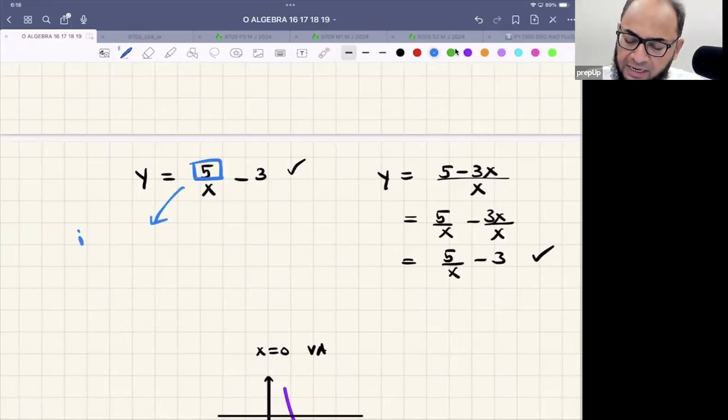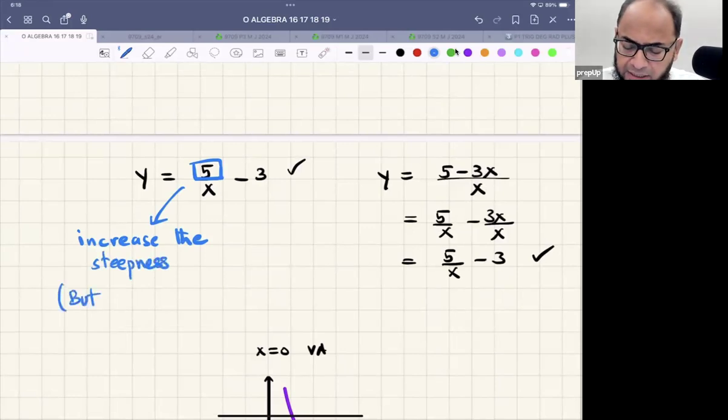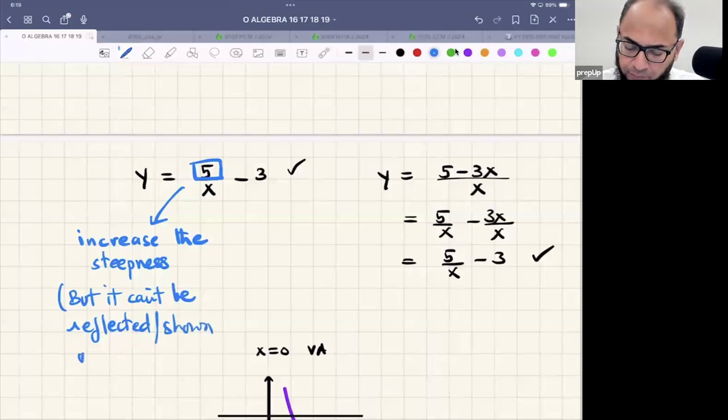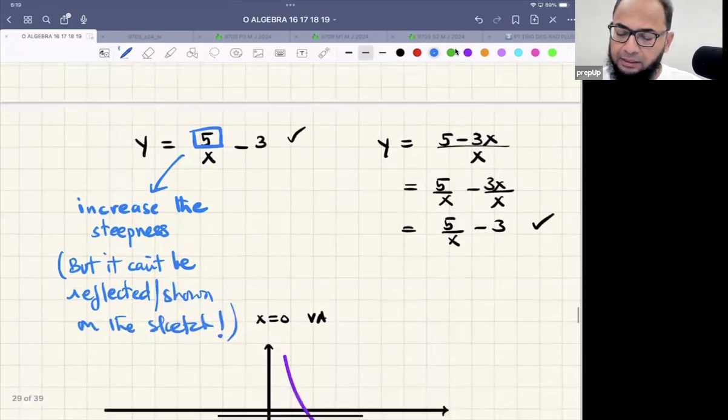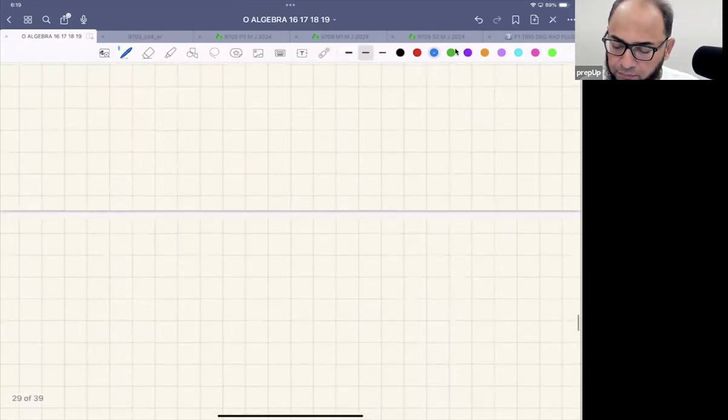This 5 will increase the steepness, but it cannot be reflected or shown on the sketch. So it doesn't make a difference at all. So that's how this graph is drawn.